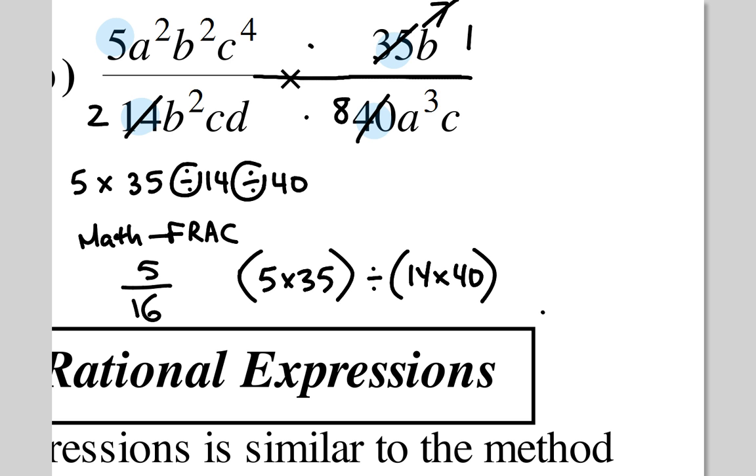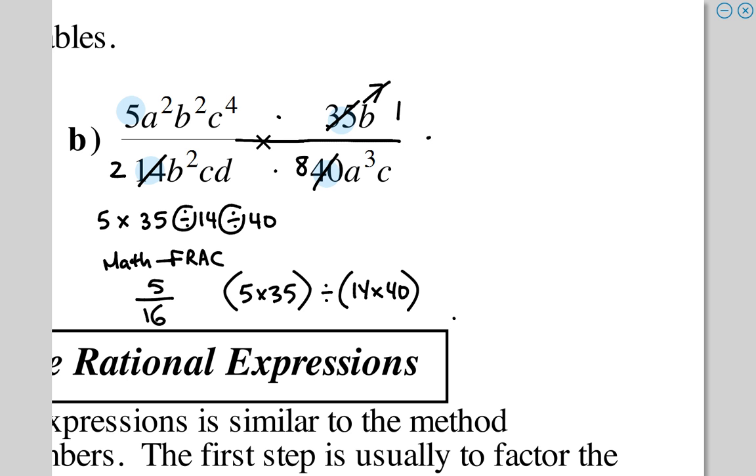That will also work. Which way do you prefer? The 5 times 35 divide, divide? Second one with brackets? So either one will work out. Cuter? True that, eh? Okay, so we know it's going to be 5 over 16.